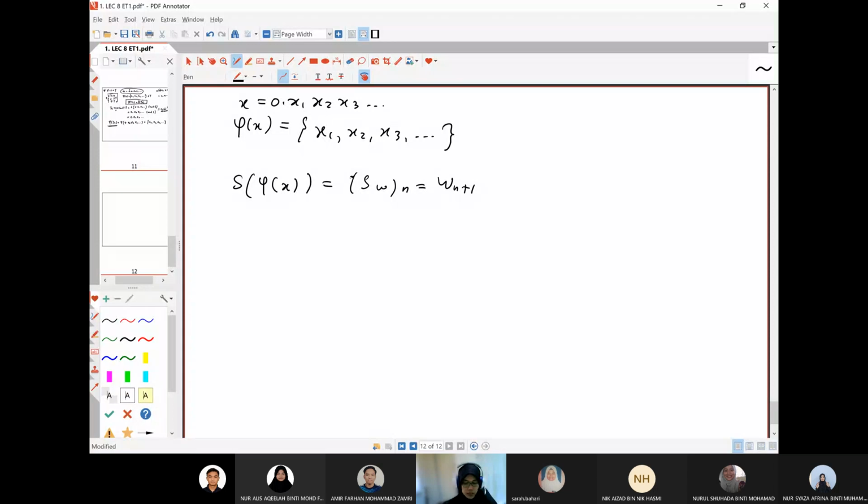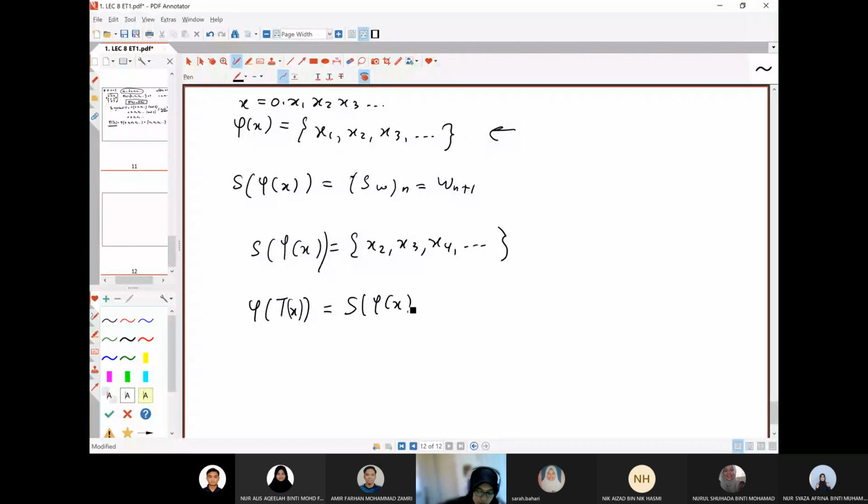So now you shift to the left. So I have S phi x is equals to x2, x3, x4, and so on. Is that okay? Yes. Okay, so that means you have shown that your function here is equals to this S of phi of x.